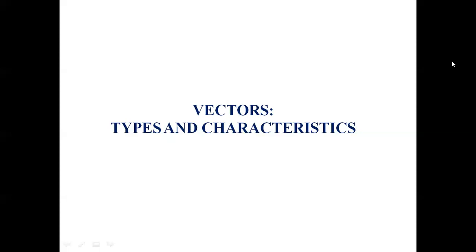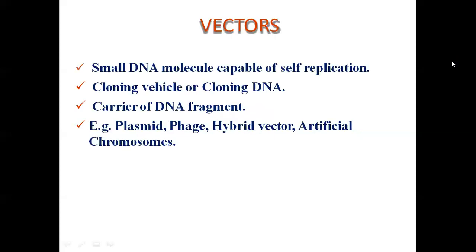So first, what is a vector actually? A vector is a small DNA molecule capable of self-replication. That means a vector is nothing but a carrier. What does it carry? A gene. Because your gene is not like the vegetables you bring from the market using a carry bag.